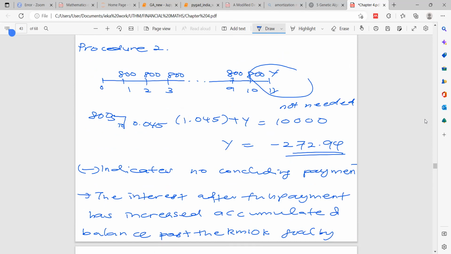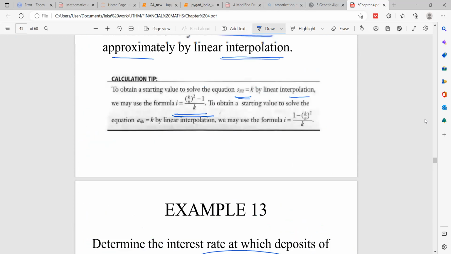So 800 times s angle 10 at 0.045 times 1.045 plus Y is equal to 10,000, and then we get Y is equal to negative 272.94. When you get a negative value, it indicates that there is no concluding payment. Maksudnya payment yang sampai ke payment yang ke-10 tu dah melebihi sebanyak 272.94 sen. So payment yang ke-11 itu tidak perlu.